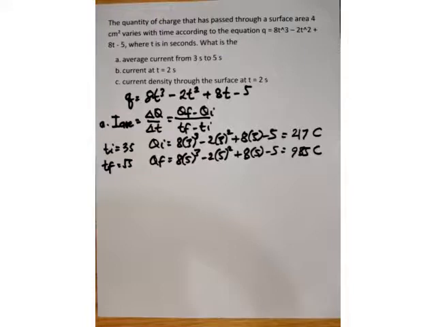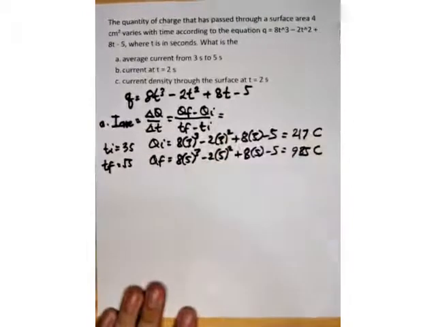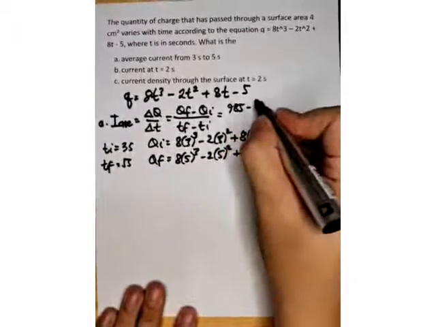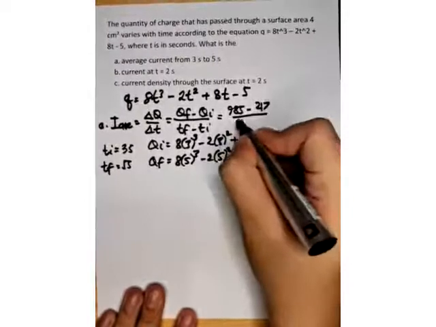Okay. So, that means, tama ba? Tama, no? Okay, so therefore, substitute na natin siya dito. So, 985 minus 217 over 5 minus 3.